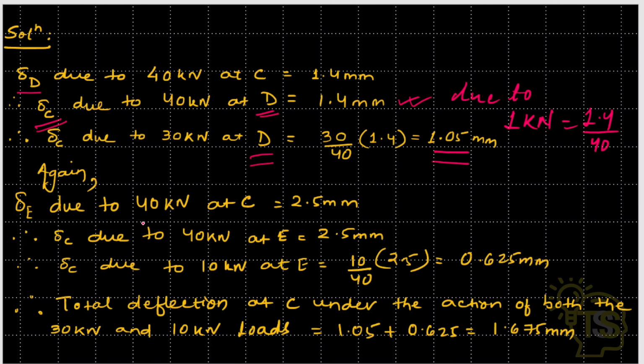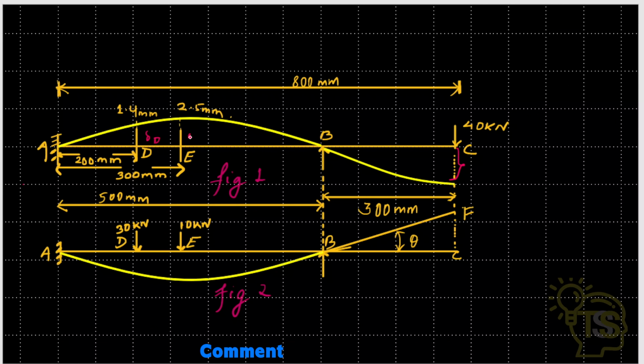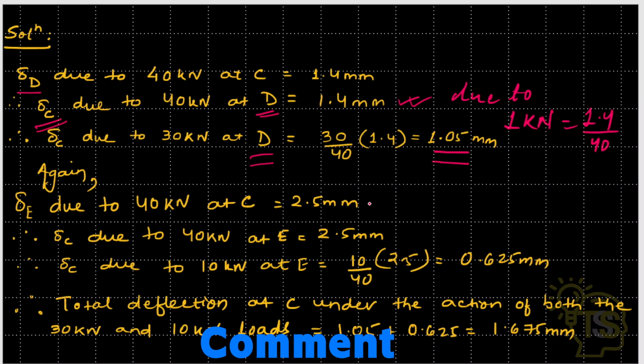Again, it is asked to find the deflection at C due to a 40 kN load at E. Let's calculate it. Delta E due to a 40 kN load at C is equal to 2.5 mm, which is already given in the above diagram, and the deflection at C due to a 40 kN load at E will also be equal to 2.5 mm as per Maxwell's reciprocal theorem.